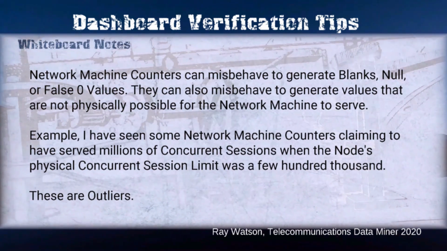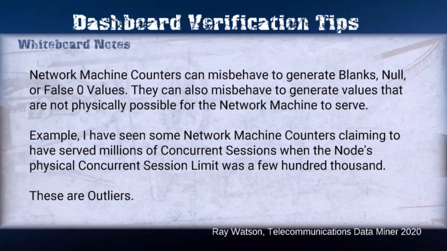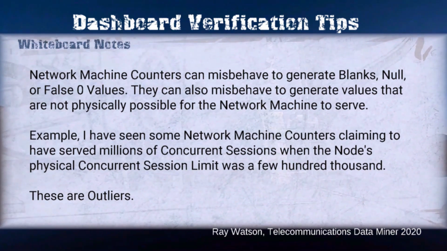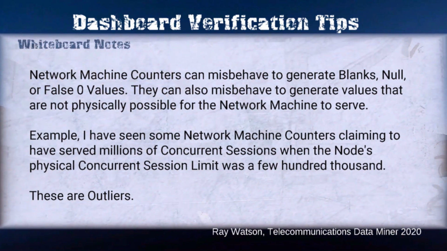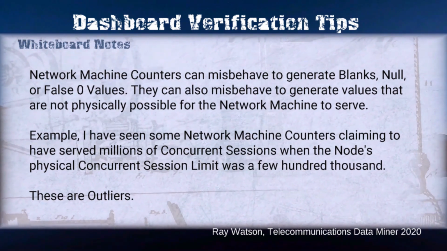I have seen other issues, such as counter values having blanks or false zeros within the machine sample period file. This type of issue was resolved by the network equipment vendor providing a software fix.